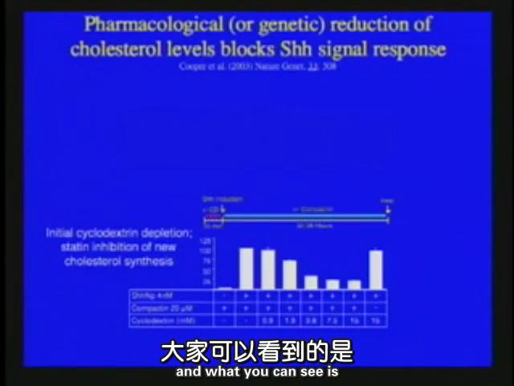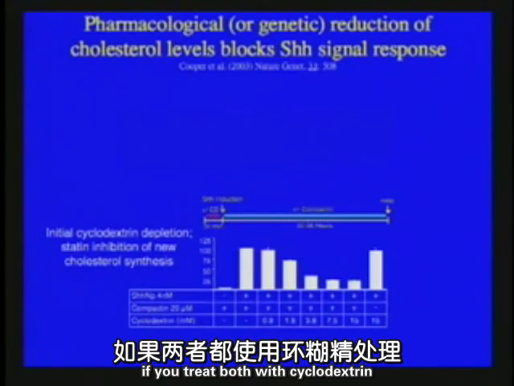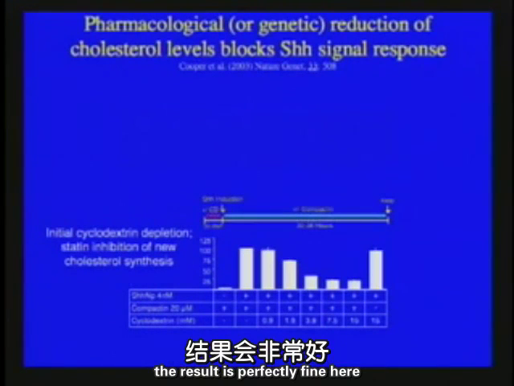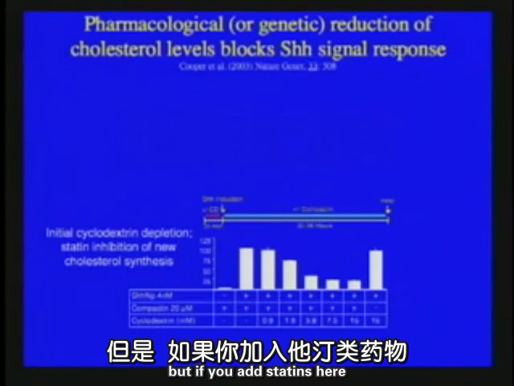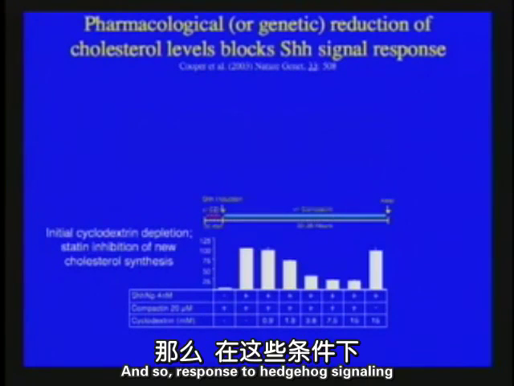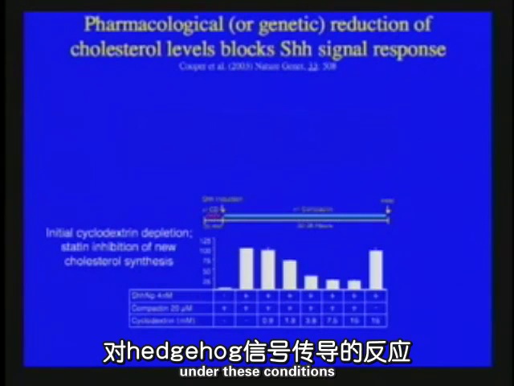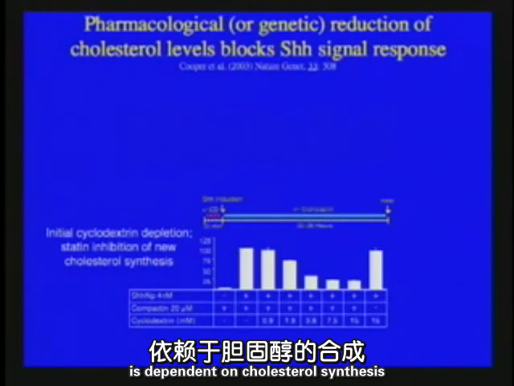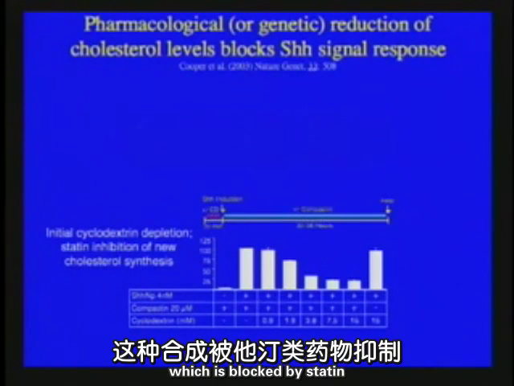If we treat both with cyclodextrin, the response is perfectly fine here. But if we add statins here, the response is completely wiped out. And so response to Hedgehog signaling under these conditions is dependent on cholesterol synthesis, which is blocked by statins.